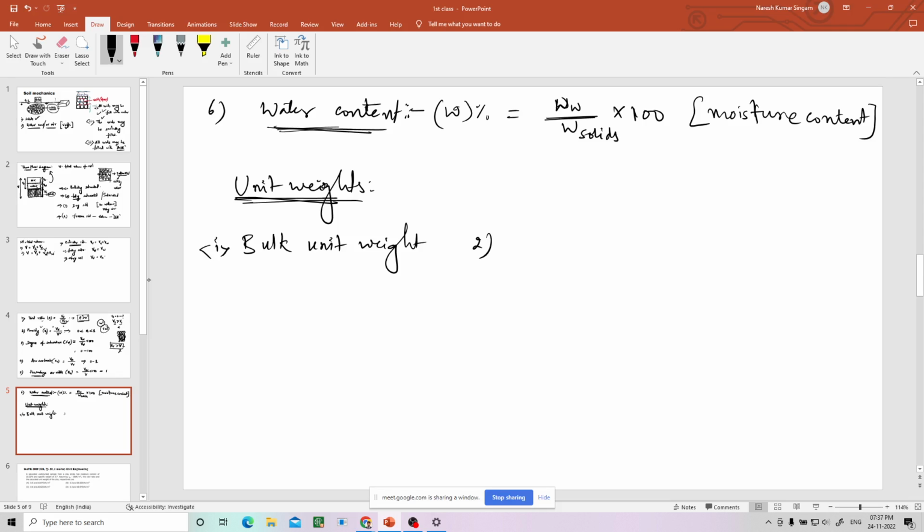Another one is saturated unit weight, and it can be dry unit weight. Another thing is not related to the soil completely. That will be related to the solids. That I'll tell in the next slide.